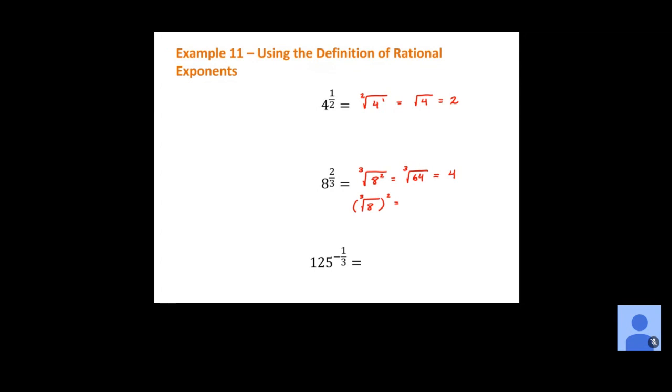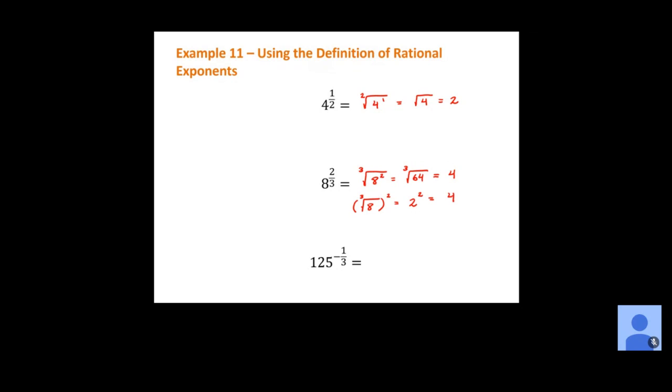You would take the cube root of 8. What is the cube root of 8? 2, right? So now we end up with 2 squared. And what is 2 squared? 4. Notice, same answer we got the other way, right?